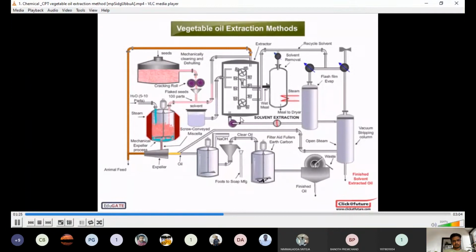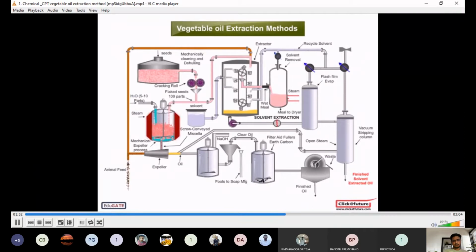Simultaneously, flakes are also introduced in the solvent extraction process. In the solvent extraction process, flakes are introduced in the extractor and solvent is sprayed on the flakes in the required amount. Then the wet meal is passed to a desolventizer. In the desolventizer, wet meal is separated from the solvent.